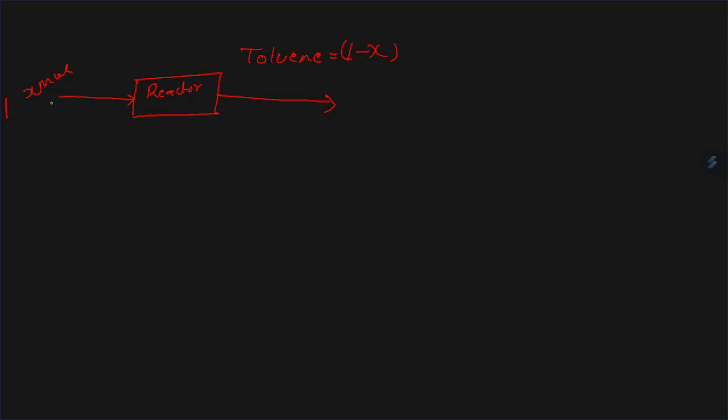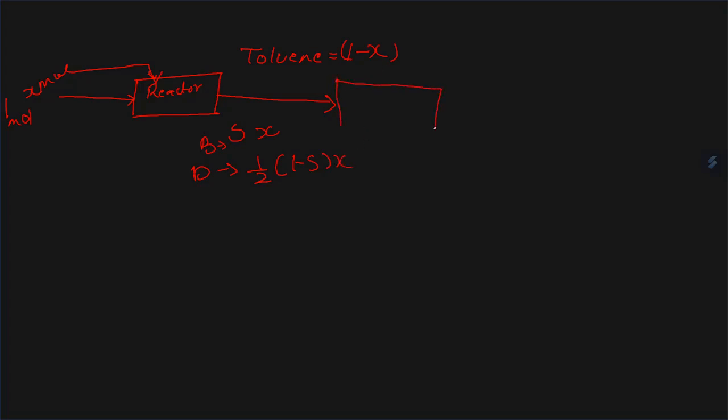1 mole if I feed, then X is getting converted and 1 minus X is getting out. Out of that, benzene is formed, SX. So B I am getting, and diphenyl, that is D, I am writing here 1 by 2 into (1 minus S) into X. Now this goes to the separator.